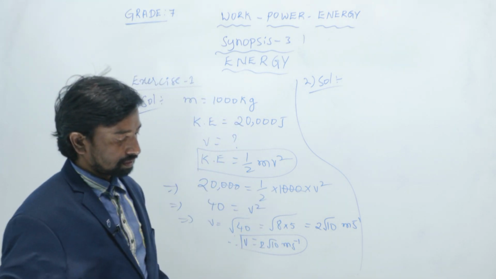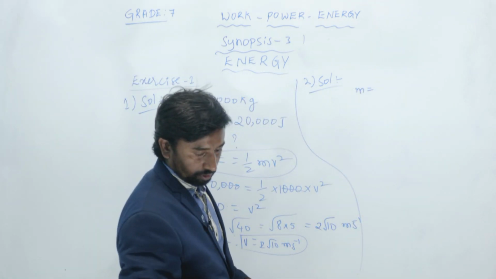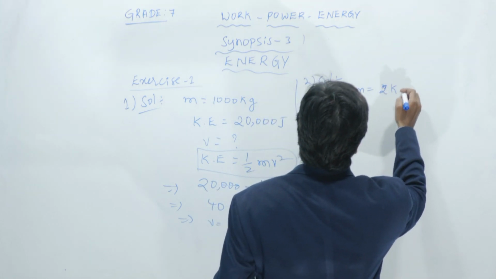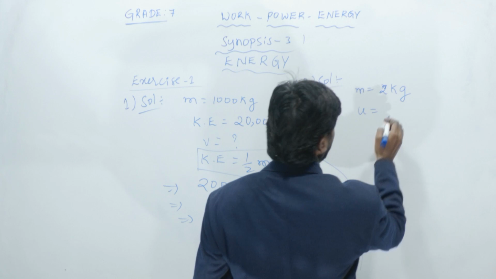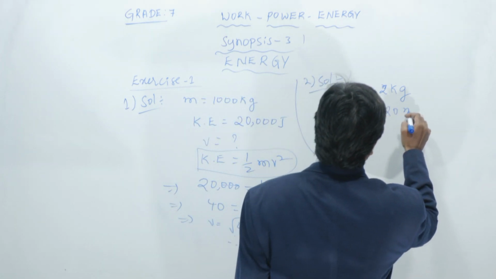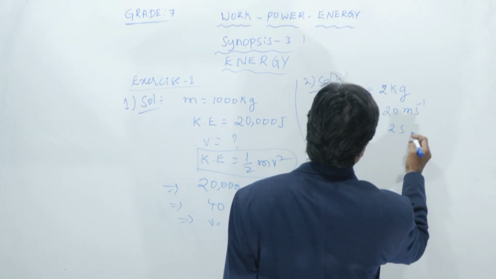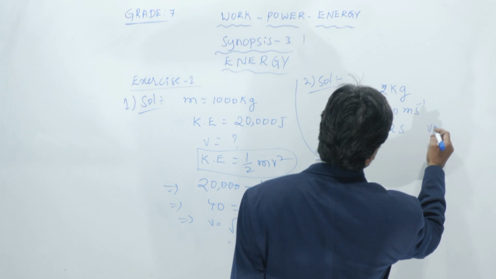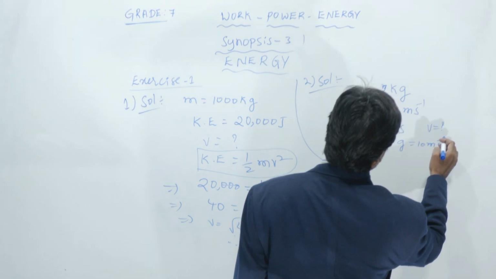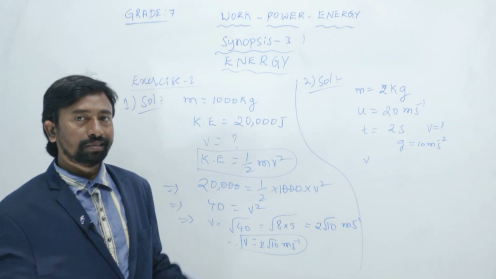The mass of the body is 2 kg, and it is thrown upward with a velocity of 20 meter per second. After 2 seconds, we need its kinetic energy, and g is given as 10 meter per second square. First we need to find the velocity at 2 seconds.